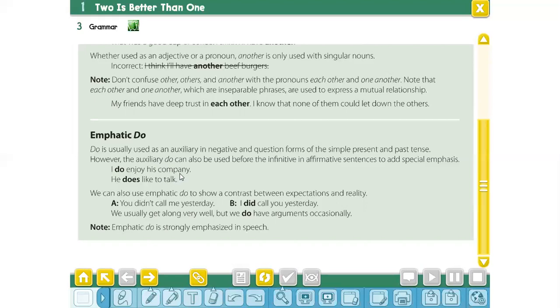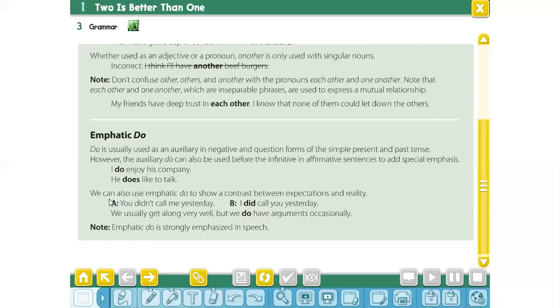But here when I use do to emphasize this idea, to mean that I actually enjoy, I really enjoy his company. He does like to talk. Note that after do, does, or did, we use the infinitive form of the verb without ed, without s.